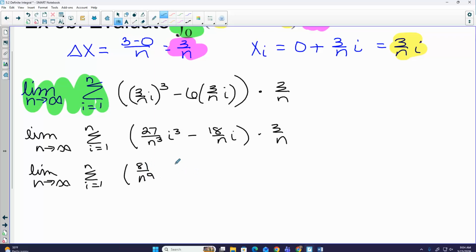Distributed by 3 over n: 81 over n to the 4th i cubed minus 18 times 3 is 54 over n squared i.